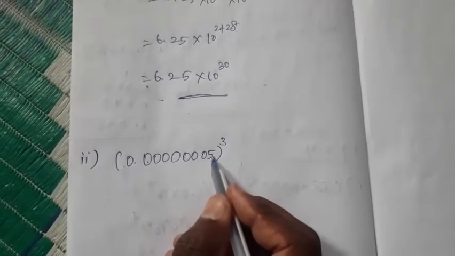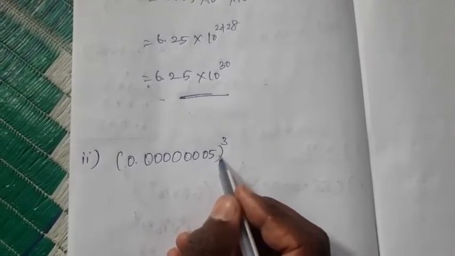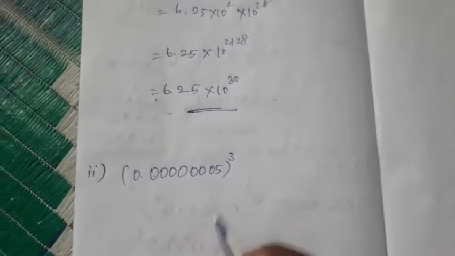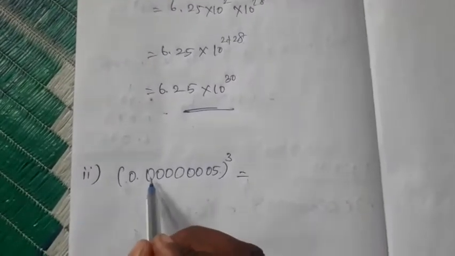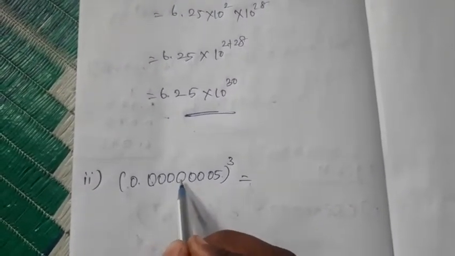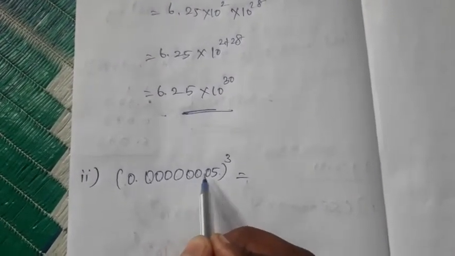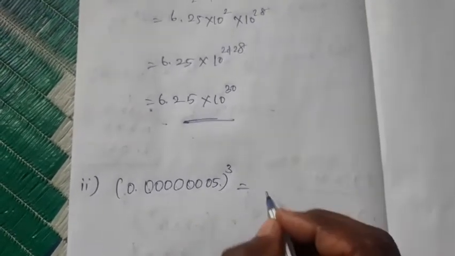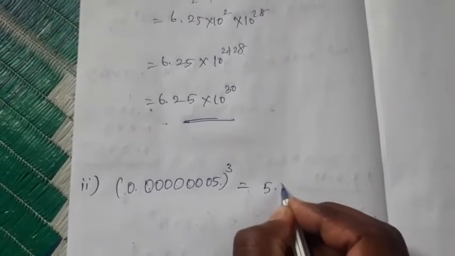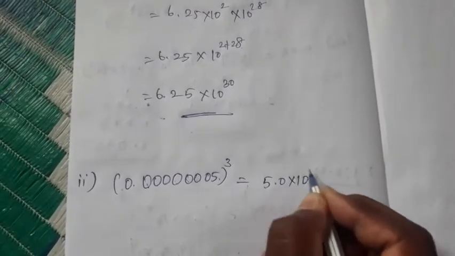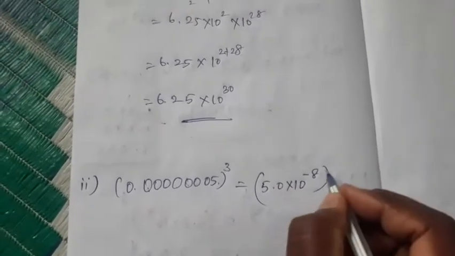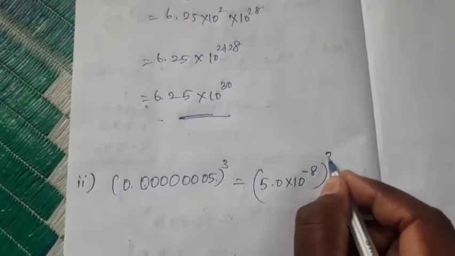Here there is a 5, and after that 5 the decimal should come. How many digits are there in between? 1 2 3 4 5 6 7 8. After the 8th place the decimal comes. So 5.0 × 10 to the power, moving towards the right side means power minus 8. 5.0 × 10 to the power minus 8, whole to the power 3.